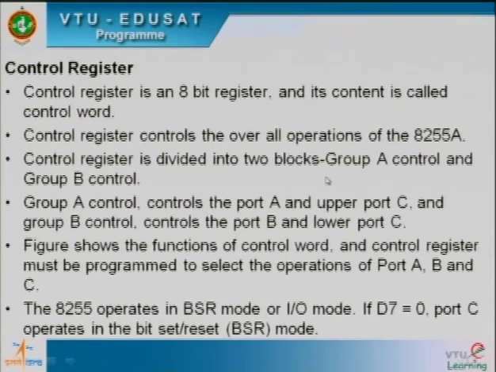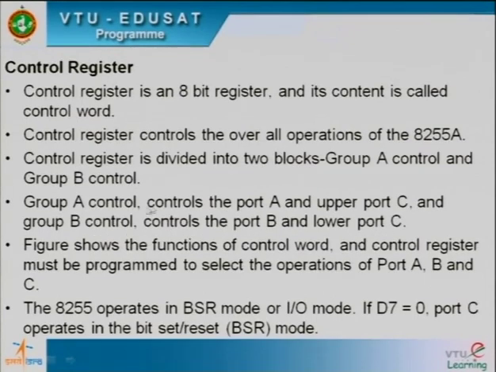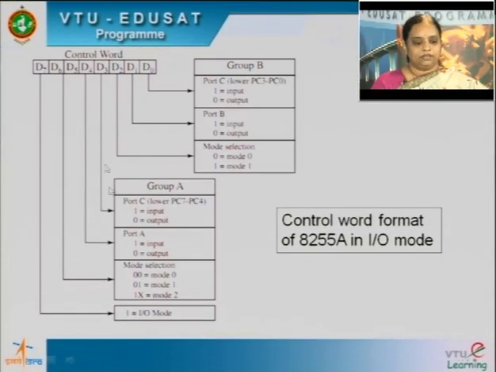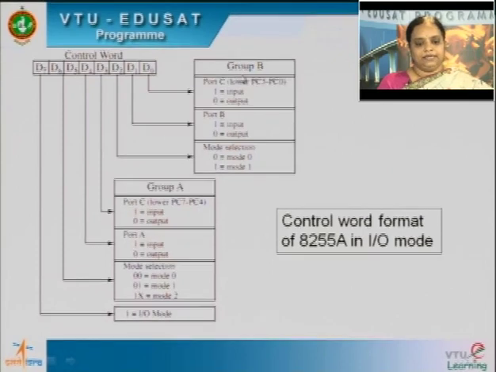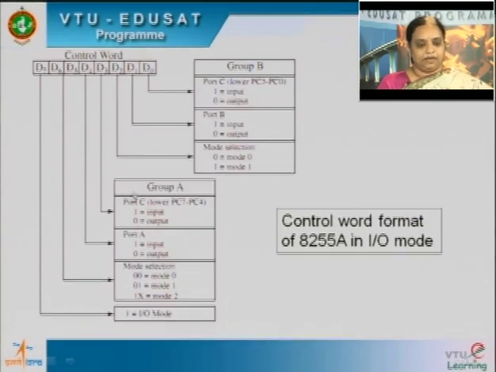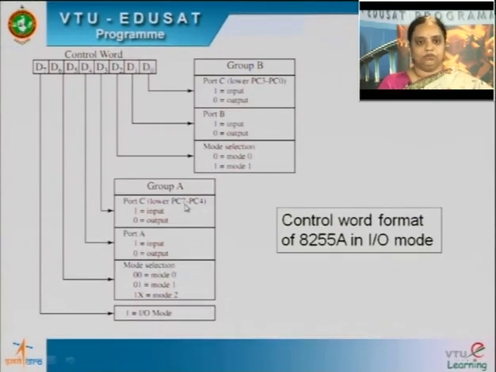It's basically divided into two groups, group A and group B. So this is your group A and this is your group B. Group A has port A and port C upper, PC4 to PC7. Group B has port B and port C lower.